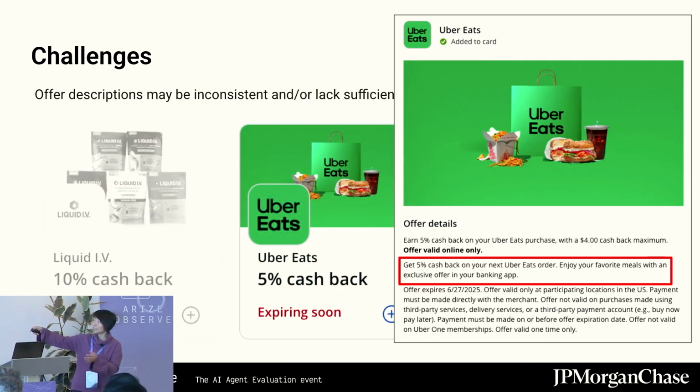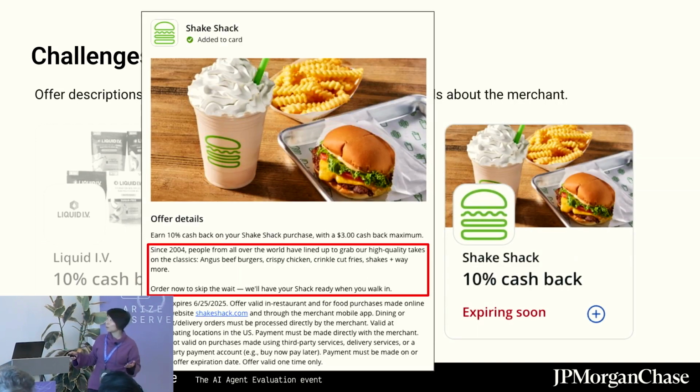It does describe the company somewhat, but the descriptions are very inconsistent. Uber Eats is very much like, come order food on our platform, so it doesn't really talk about what the company is about. Lastly, Shake Shack at least talks about some of the offering, which is pretty helpful.